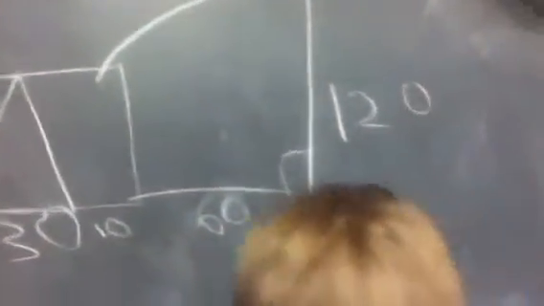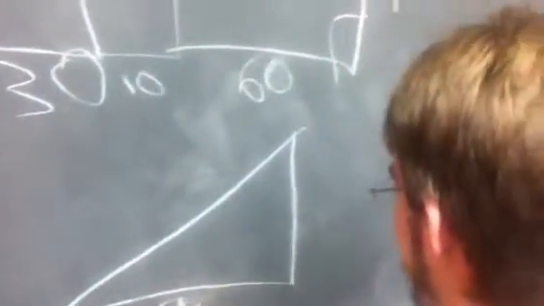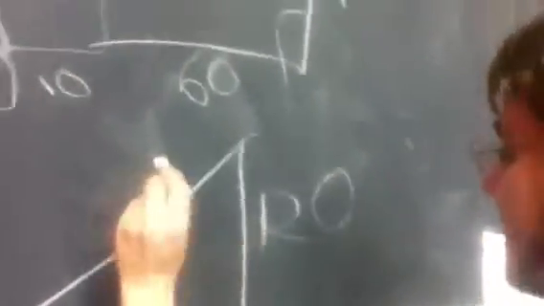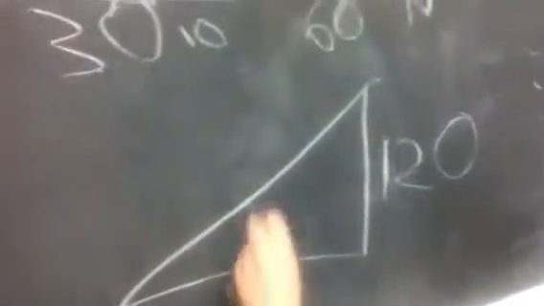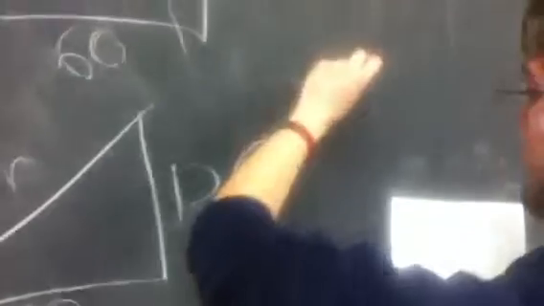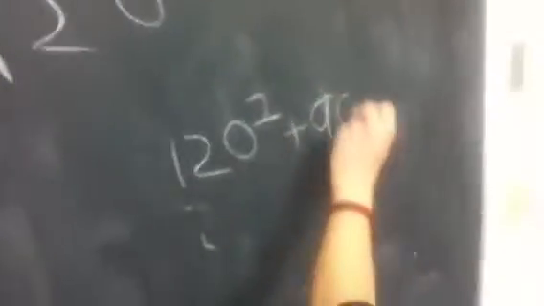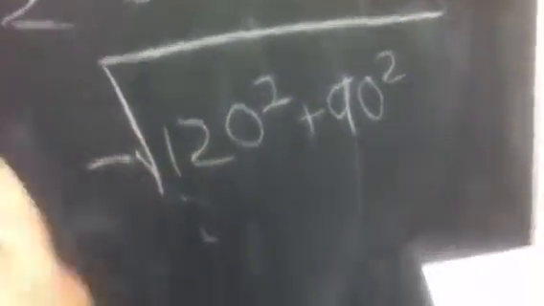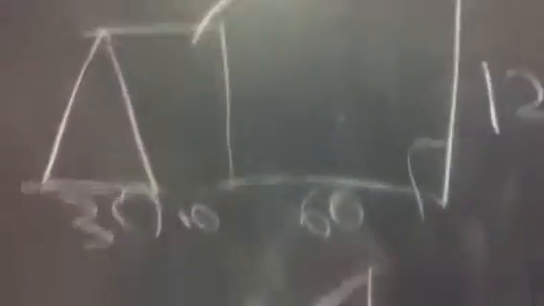But if I take out the river, then I have 90, 120, and then I have that, which I'm trying to solve for. So then you're taking the square root of 120 squared plus 90 squared to get this distance.